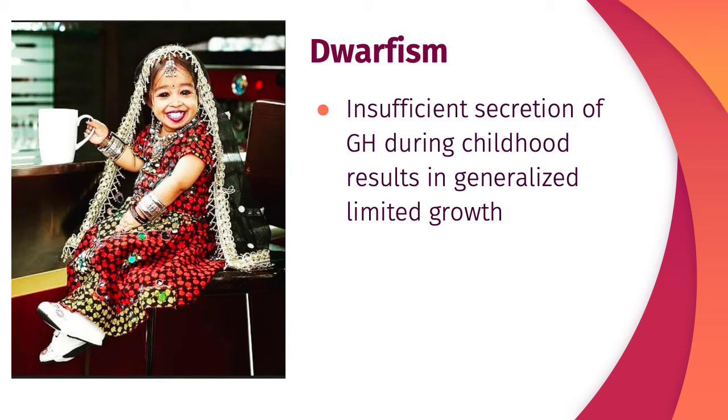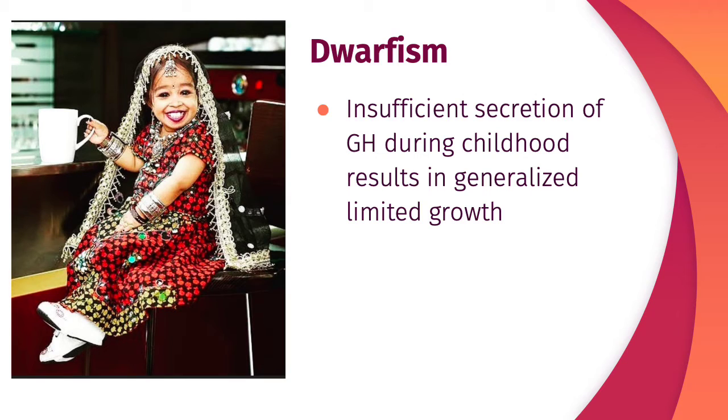Now, for hypopituitarism, which is a very rare disorder that involves a decrease in one or more of the pituitary hormones. If there is a deficiency of only one hormone, we refer to that as selective hypopituitarism.